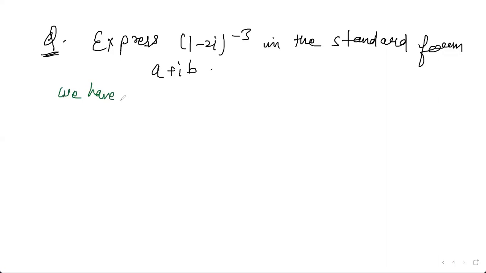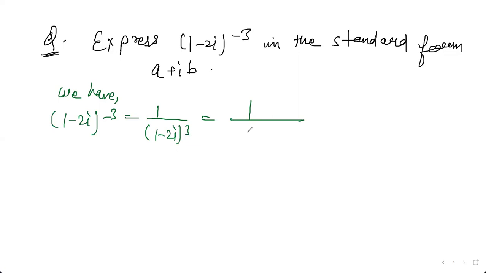We have (1 - 2i)^(-3) equal to 1 by (1 - 2i) cube, and we can expand using (a - b) whole cube. So we get 1 minus 8i cube minus 6i plus 12i square.